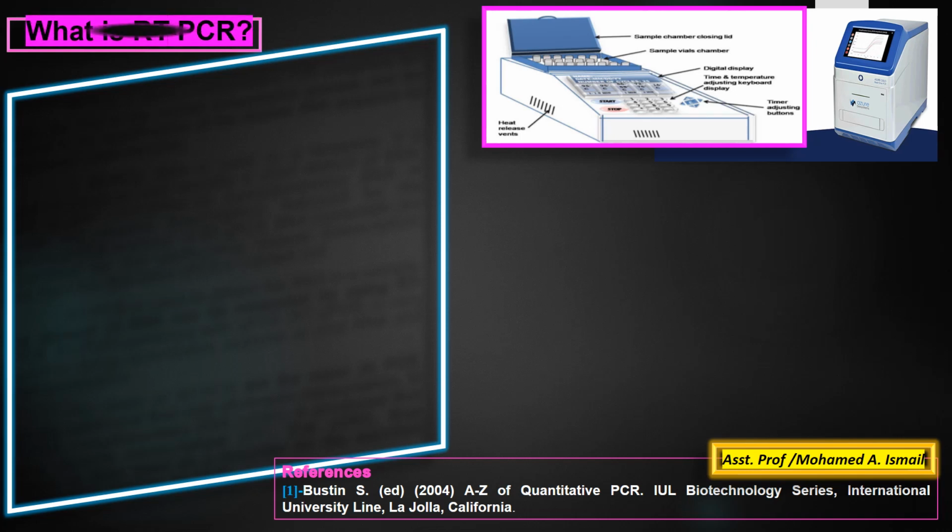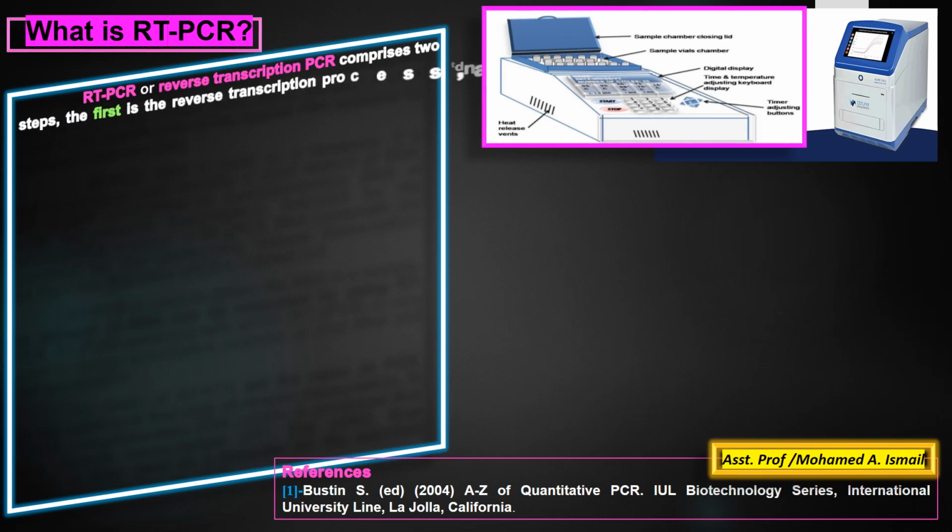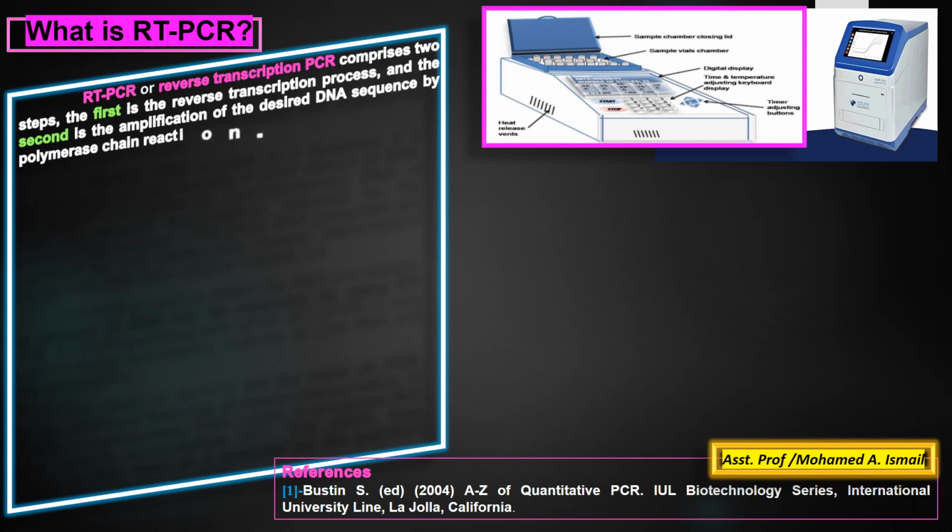What is RT-PCR? RT-PCR or reverse transcription PCR comprises two steps. The first one is the reverse transcription process, and the second is amplification of the desired DNA sequence by polymerase chain reaction.